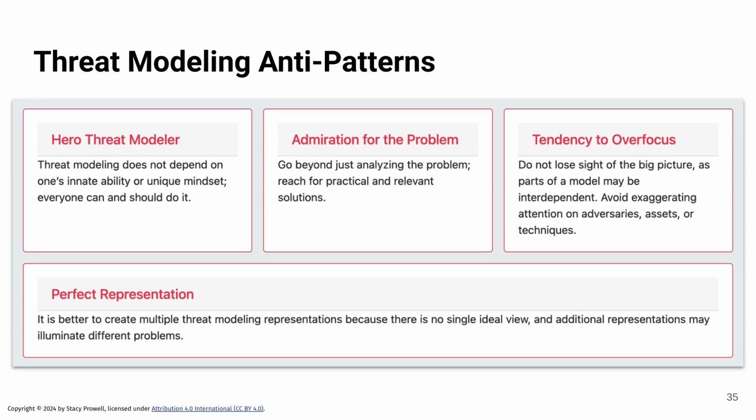It's better to create lots of different threat modeling representations than to have a single idealized view, right? I draw my system and I'm like, that's the system right there. But maybe as I look at it, I realize, I really don't have one database. I really actually have two databases. And maybe a threat is that I end up with stuff decoupled between them, and I lose my ability to track data.